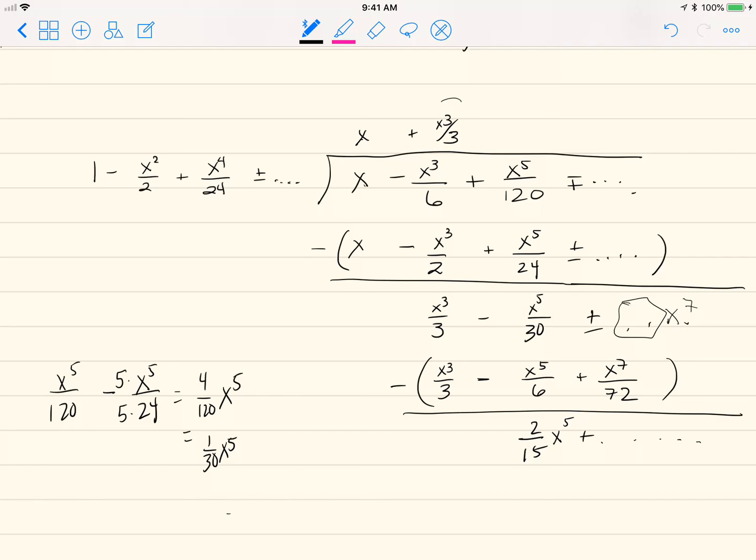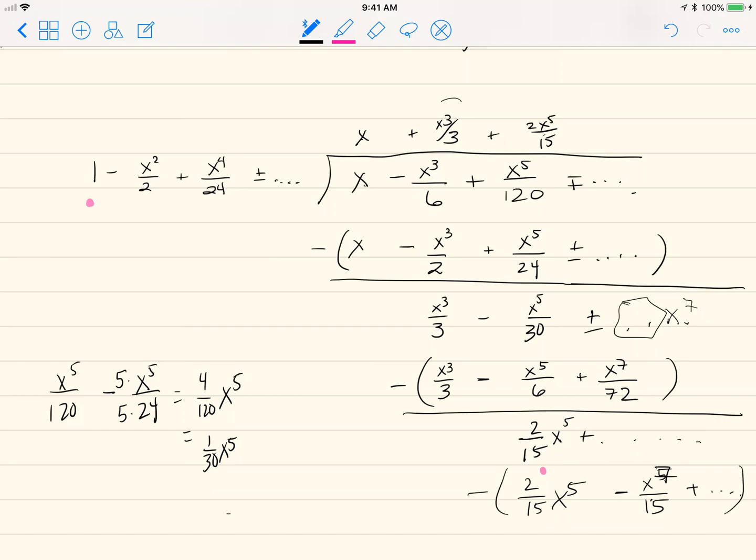Okay, one last time. 1 goes into 2/15 of x to the 5th how many times? It's going to be 2 over 15 x to the 5th. And so now I've got that, and I multiply 2 over 15 x to the 5th, then minus the x to the 7th term, plus and so on.